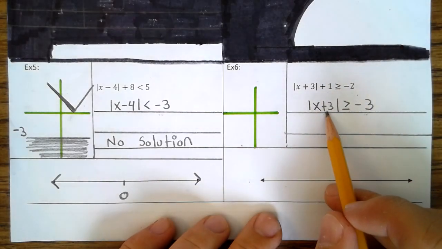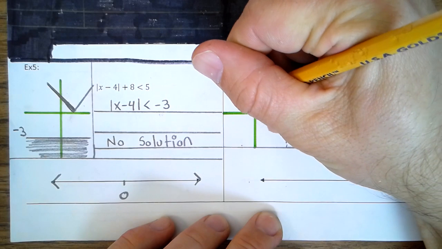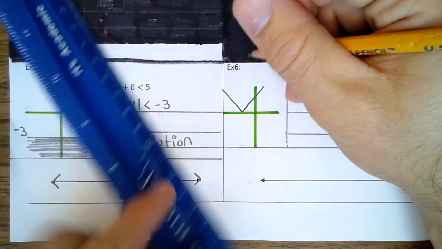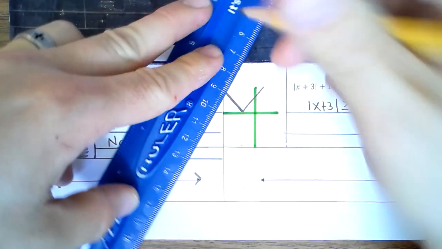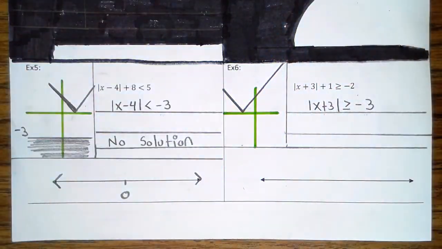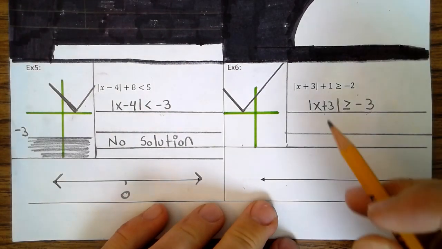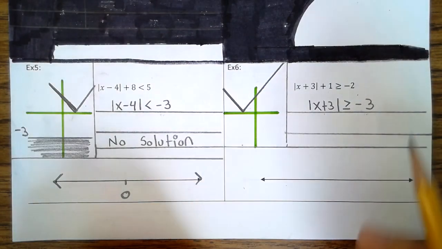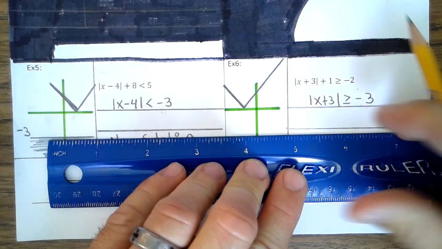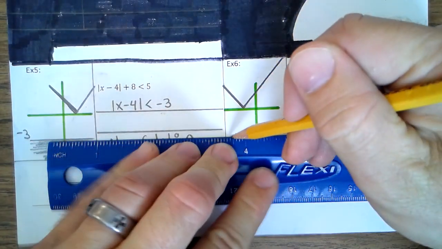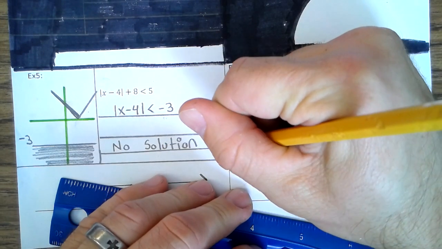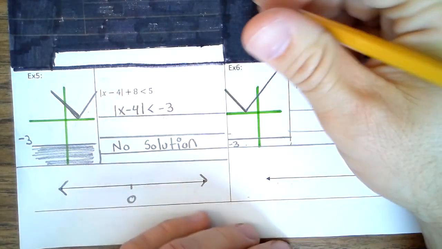Okay, so here x plus 3 means we shift to the left 3. All right. So now we have a horizontal line at negative 3. Okay.